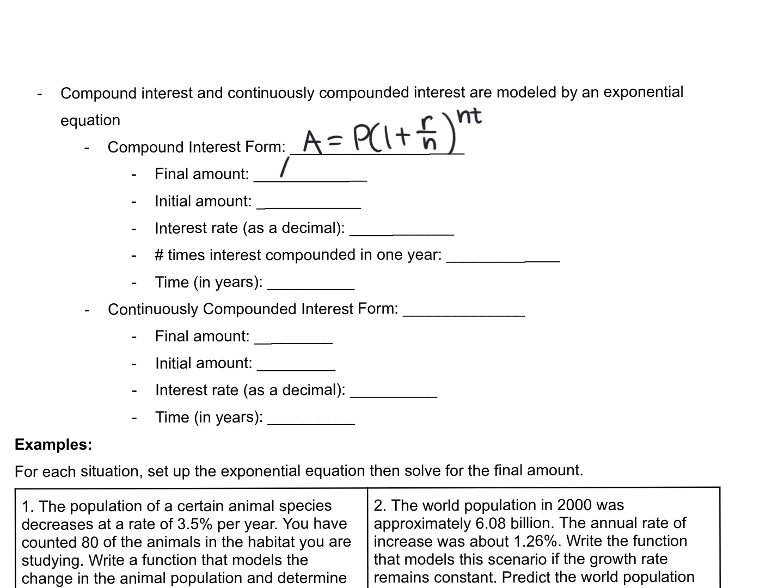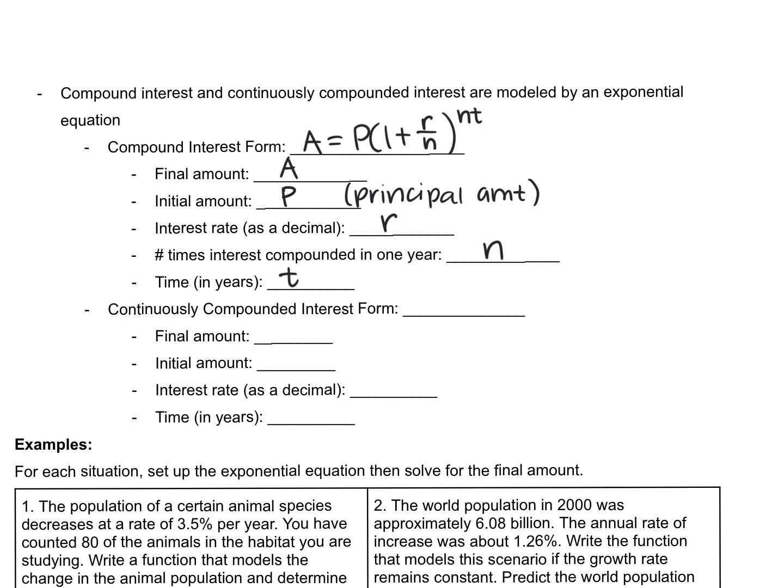Our final amount is A. Our initial amount is P, also referred to as the principal amount. Our interest rate is written as a decimal, so that's r. The number of times interest is compounded in 1 year is n. And our time for compound interest is always in years, and that's our variable t.